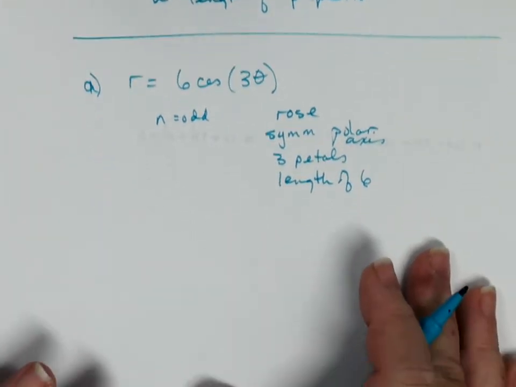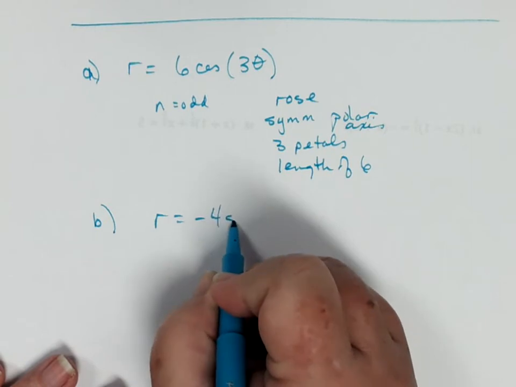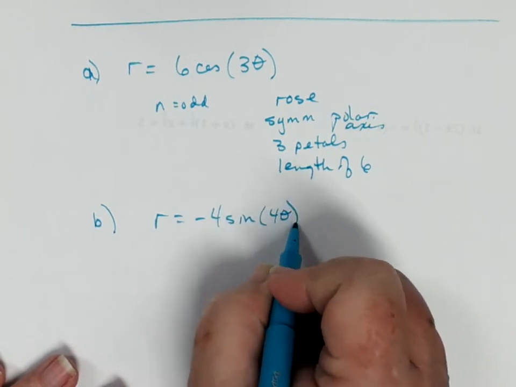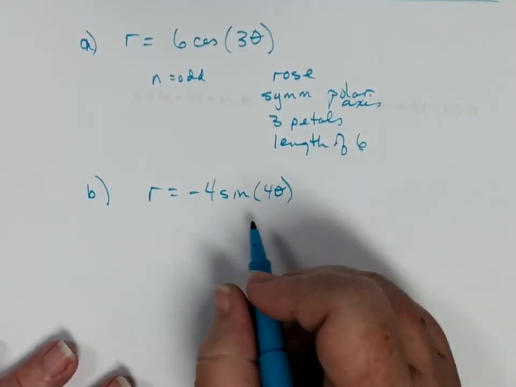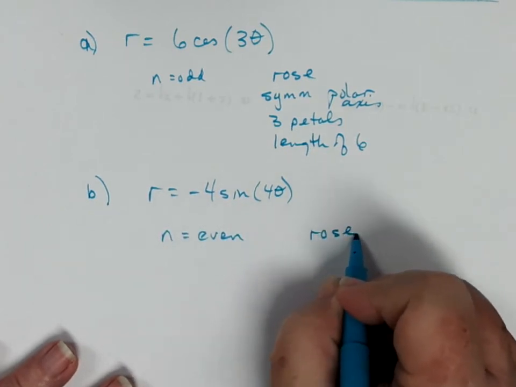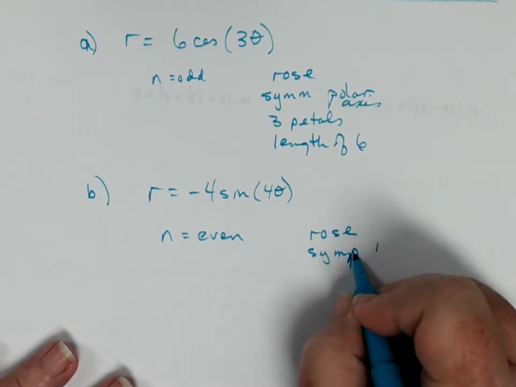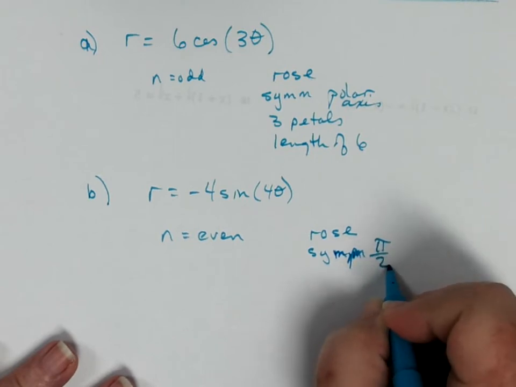All right, the next problem, B: R equals negative 4 sine of 4 theta. Well, in this particular problem, n is even. It will be a rose. It will be symmetric to pi over 2.